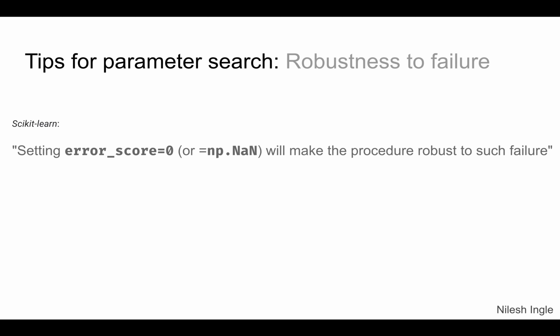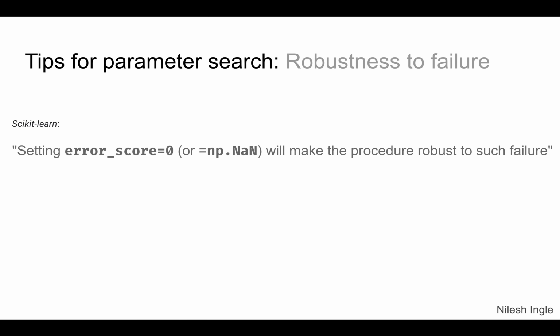And tips for parameter search robustness to failure. Here we can see that as the setting, we can set the error_score to 0, and what that does is it will make the procedure robust to failures.